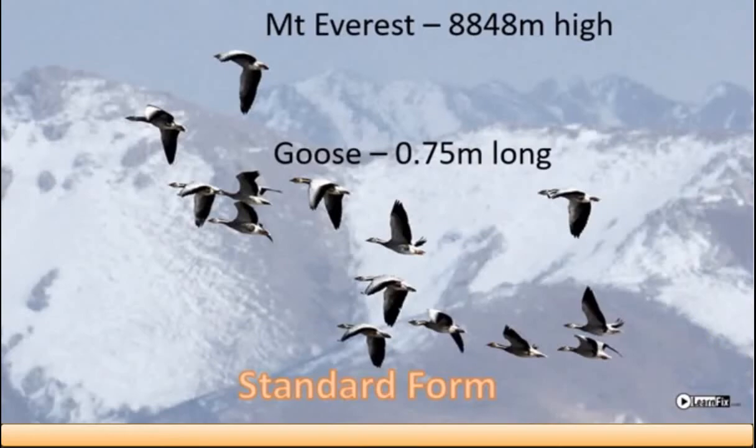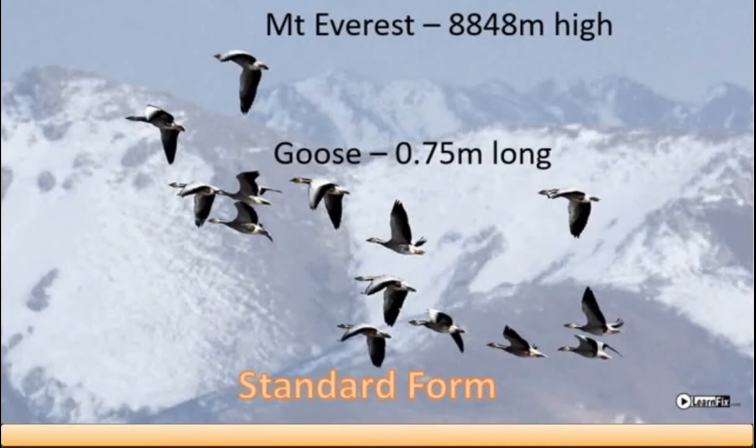Very small or very large numbers can be awkward to work with. It can be difficult to understand what they represent or how they compare to each other. For instance, Mount Everest is 8,848 meters high.